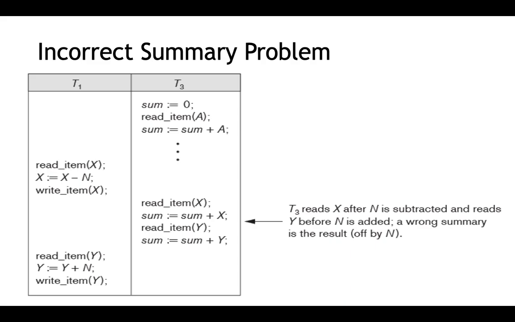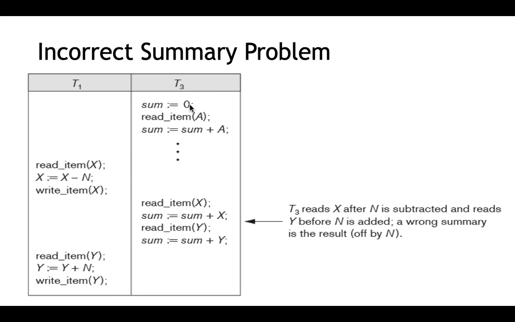And there's one more issue, the last issue, that is the incorrect summary problem. In order to understand this, imagine the bank is calculating how much total balance it has, and for that purpose it has to add the balance of all the customers in the bank. All the customer accounts need to be added.